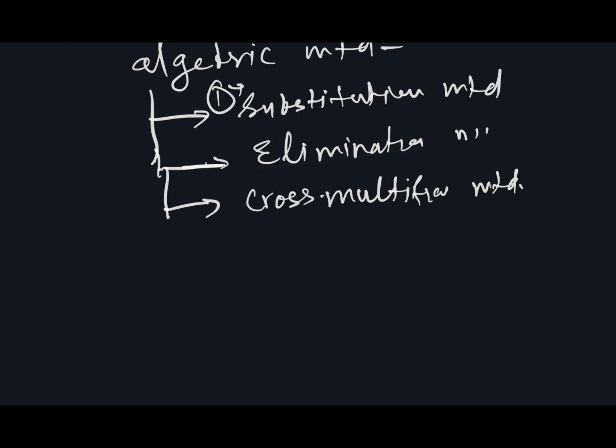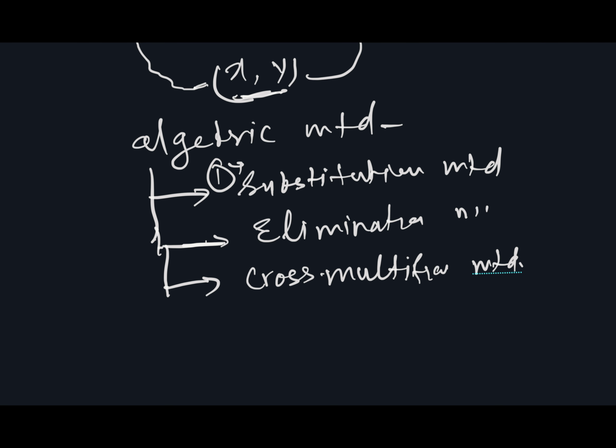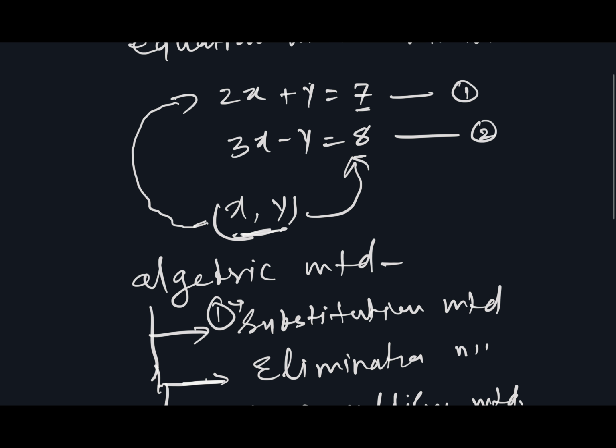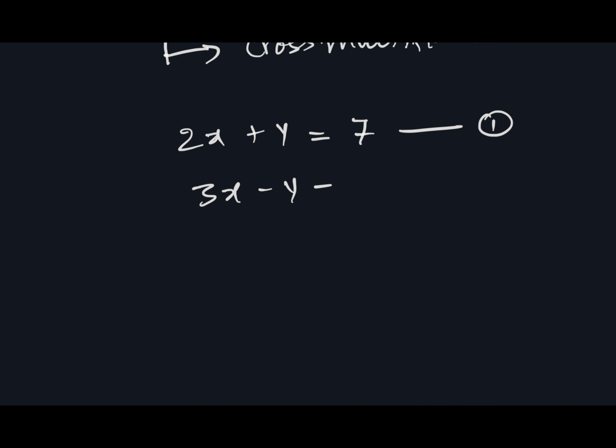The name itself suggests what we will do: we will substitute. Right now we have two equations. Let me rewrite them again. 2x plus y is equal to 7, we are calling it equation 1, and the other is 3x minus y is equal to 8, we are calling it equation 2.